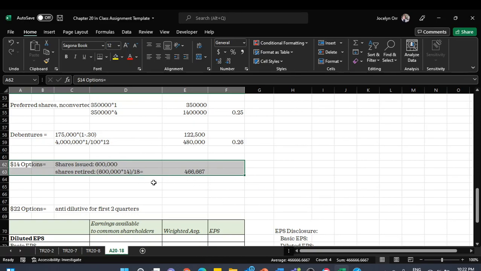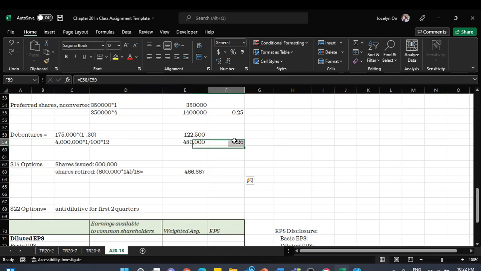Options don't have an effect on our numerator, which is why we don't have a number like this when we are looking at the individual effect. Those options only affect our denominator. They are only affecting the number of shares outstanding.